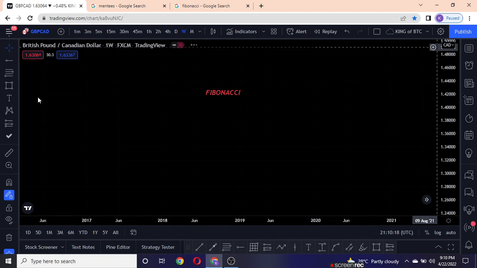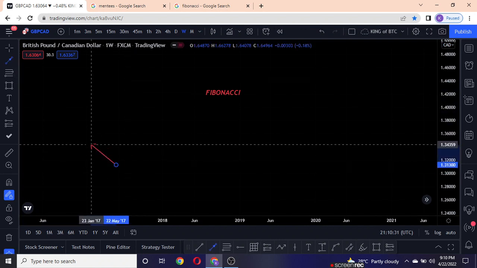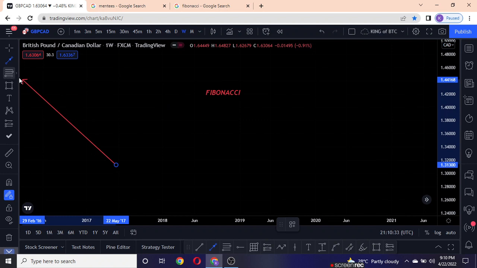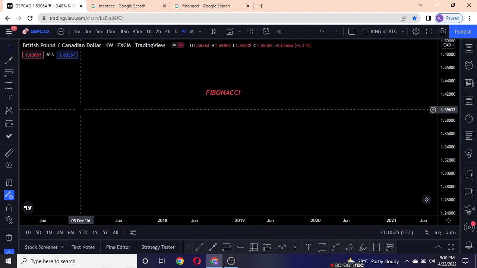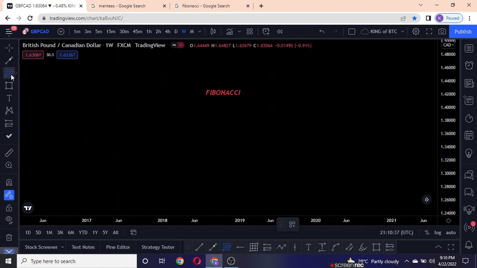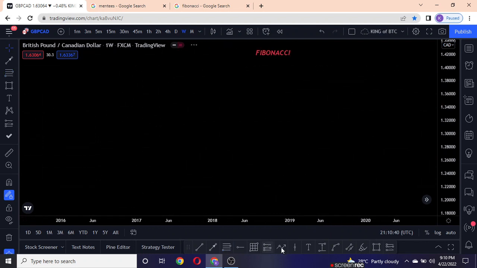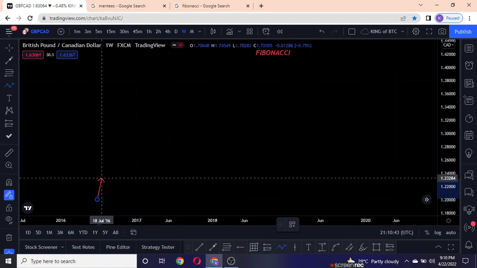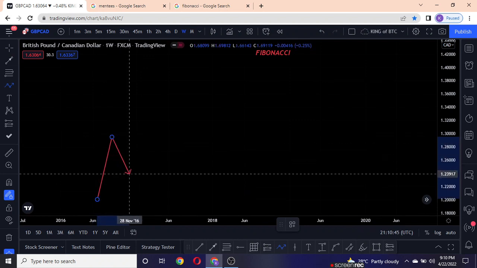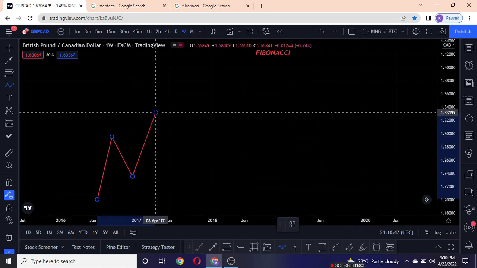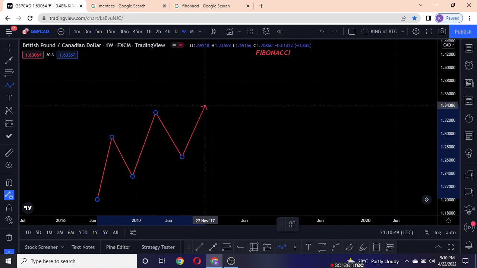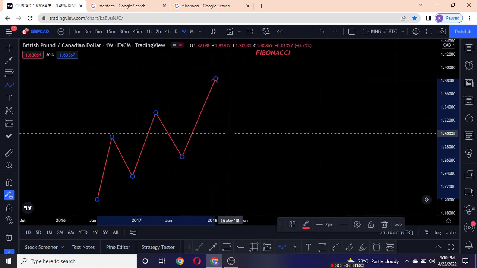You go to this area, and this is where you see the Fibonacci. So now we know that in bullish market structure, this is how the market moves. Good.